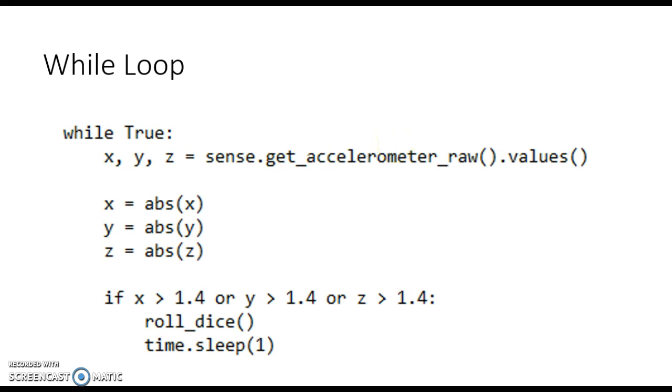This pulls from the x, y, and z coordinates of the accelerometer that is already on the SenseHat itself. Doing x equals abs(x), y equals abs(y), and z equals abs(z) is taking those values and making them absolute, or positive. Next, there is an if statement.